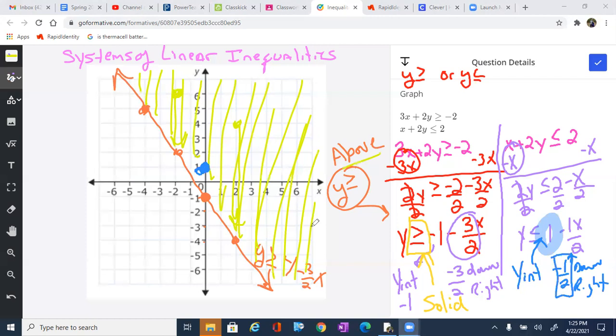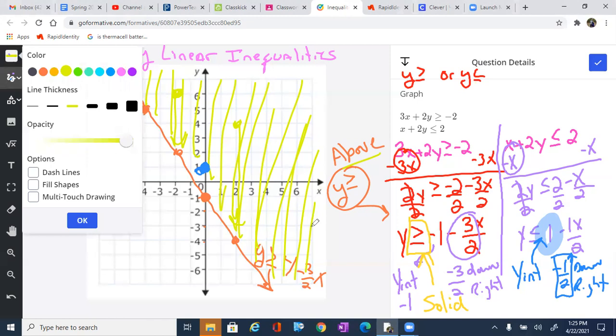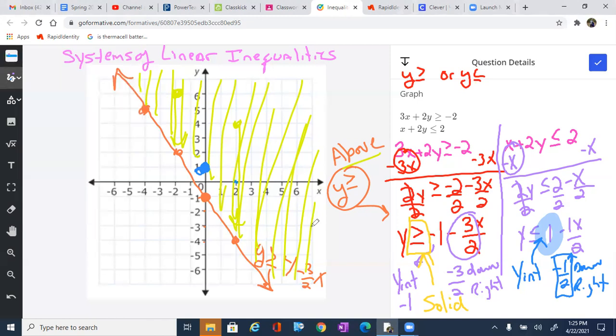Down 1, right 2, down 1, right 2, down 1, right 2, and I just keep the pattern going. If I follow that pattern out, you'll see that everything falls into a line.